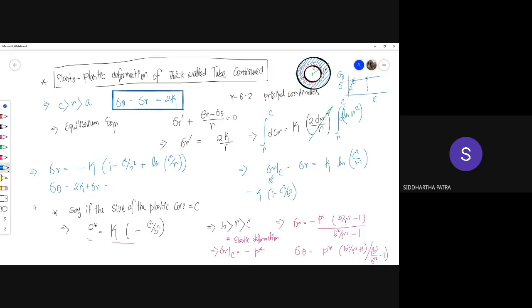And what is the expression for sigma theta then? k into 1 plus c square by b square minus ln c square by r square.